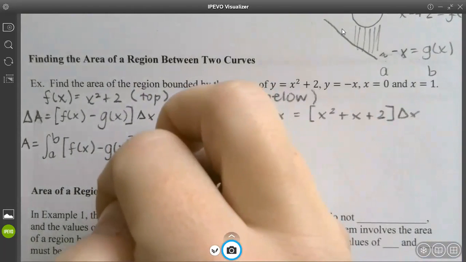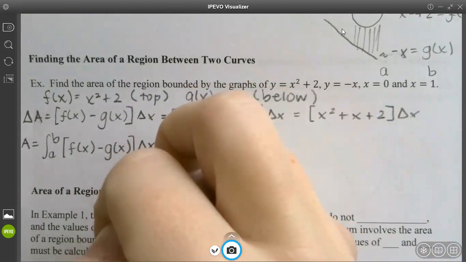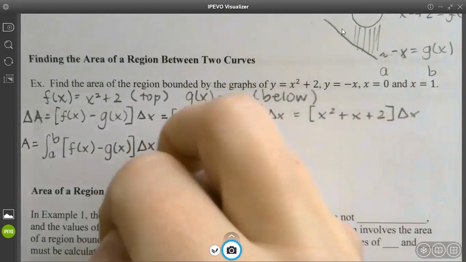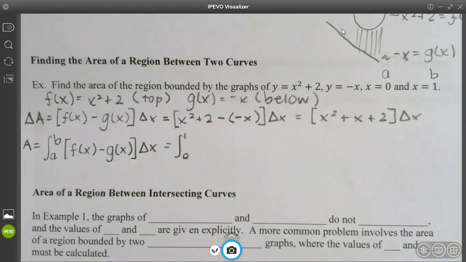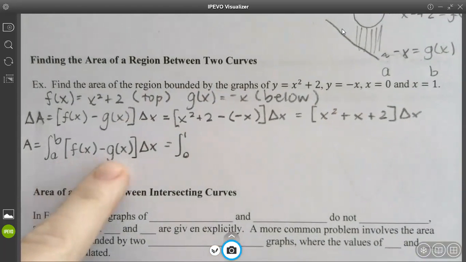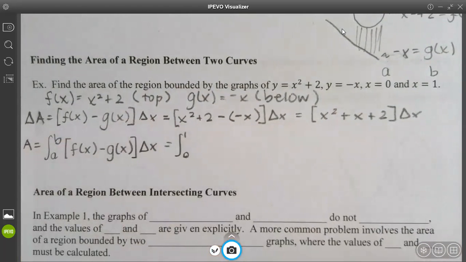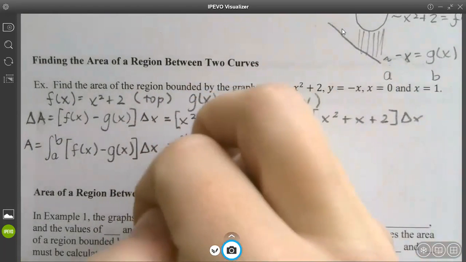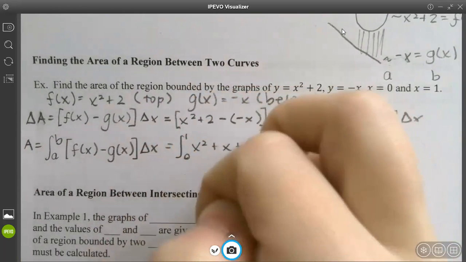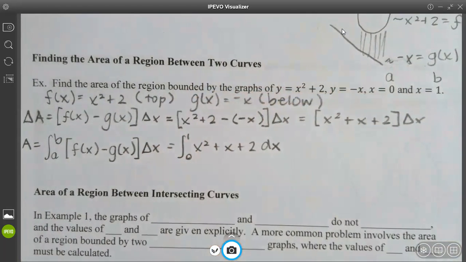What is our a and what is our b? 0 to 1. Remember, your littlest one always goes on the bottom. What did we get for f of x minus g of x? And then we just throw a dx on the end.